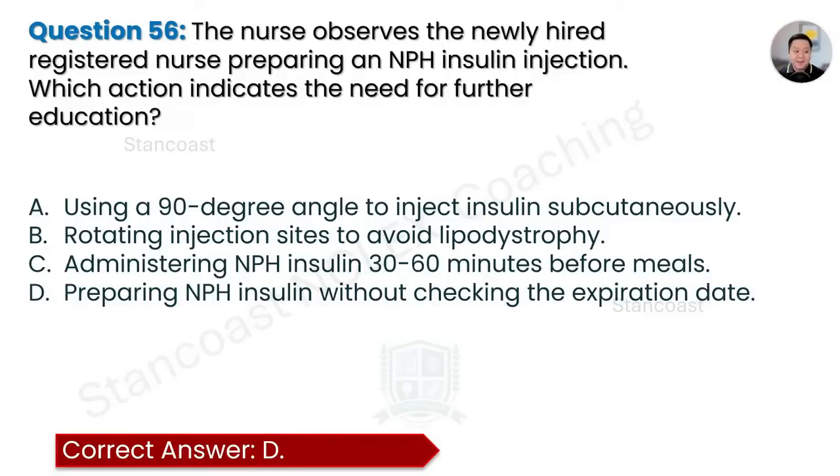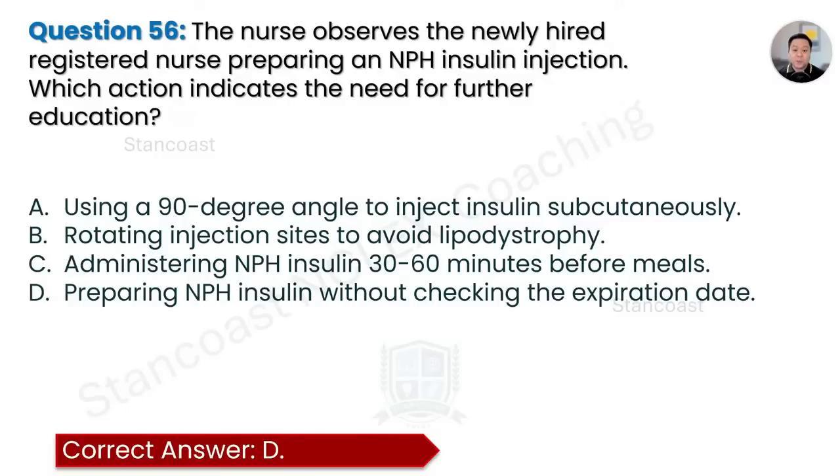Now, letter A, it states here using a 90-degree angle to inject insulin subcutaneously. It does not require further teaching because insulin injections are typically administered subcutaneously at 45 degrees to a 90-degree angle when using an appropriate needle length. Also, B is something that you should discard.